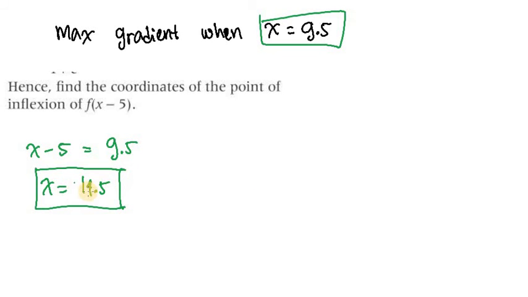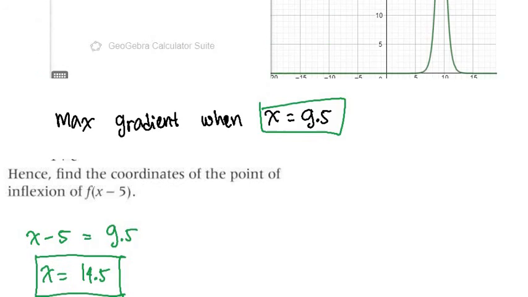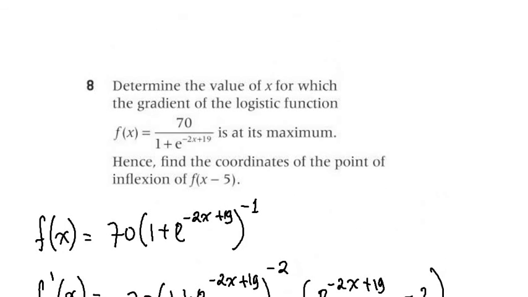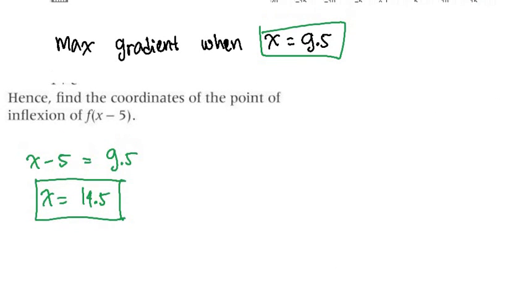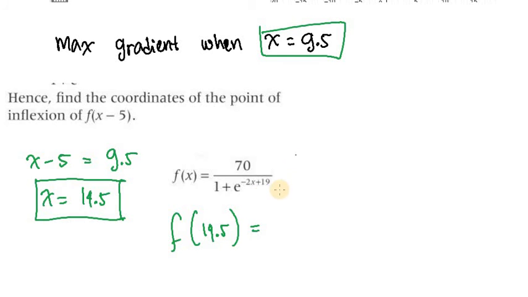We just need to input the new value of x into f(x). We copy it and paste it here. So from here we just need to find f(14.5), which equals, in my calculator, 35. This is the value of y.